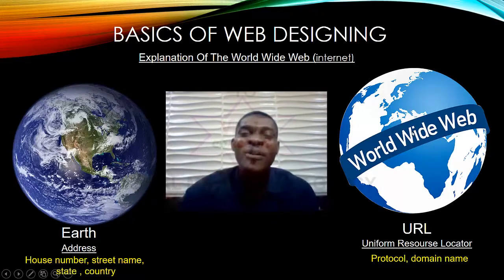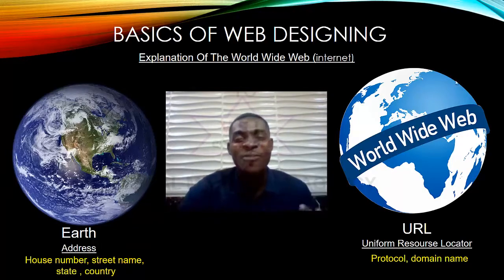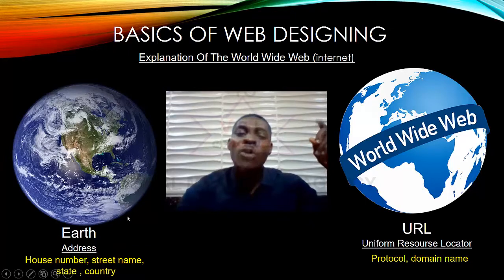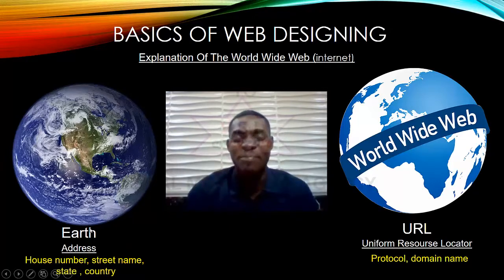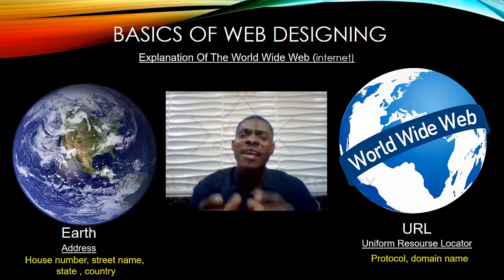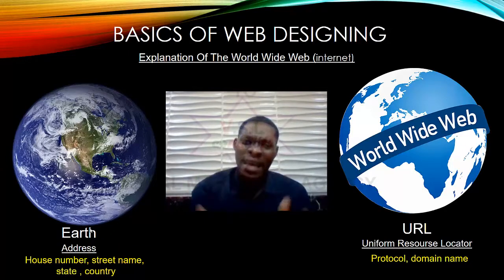The same thing happens if you want to call up a file or a website from this World Wide Web. The very first information that the person has to put in his browser is what? The so-called Earth. Now, in order for you to put in this address, in this Earth, a platform must be there.